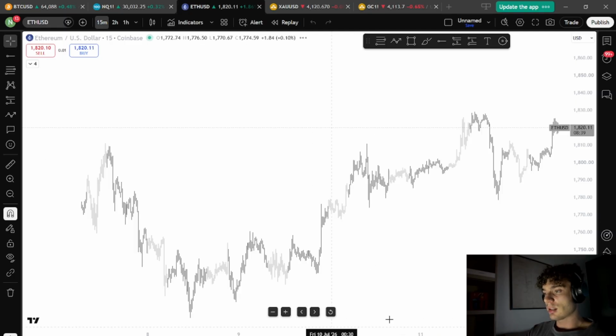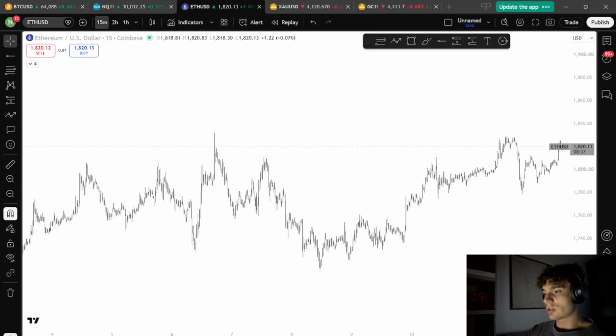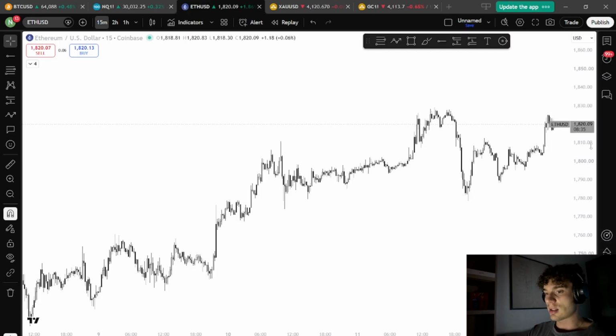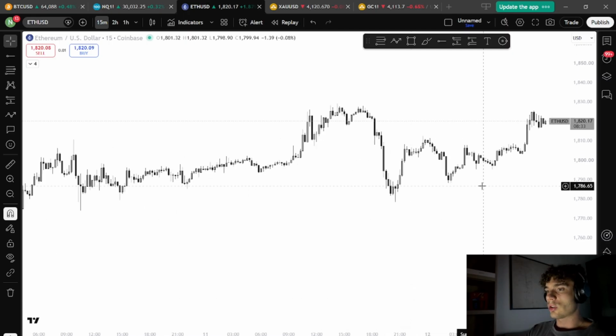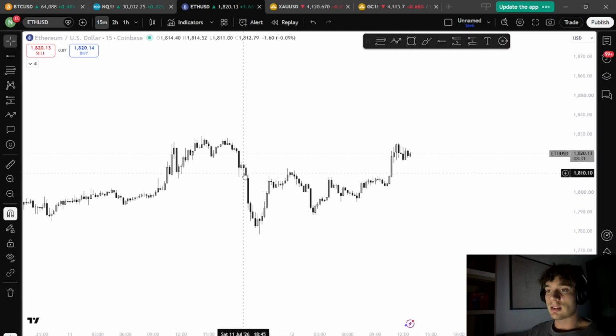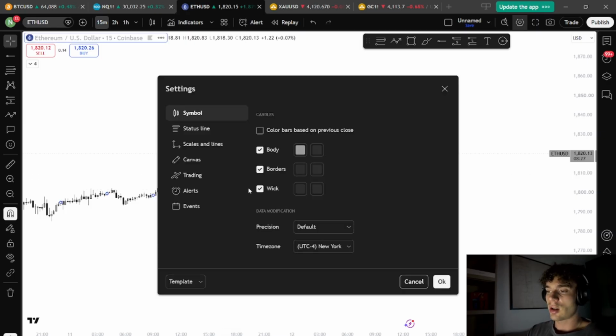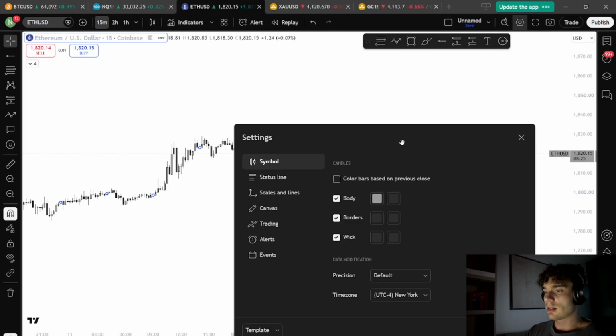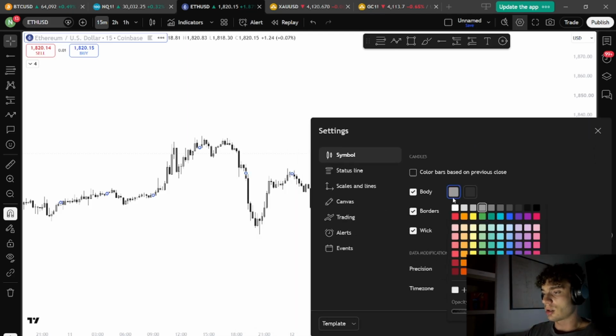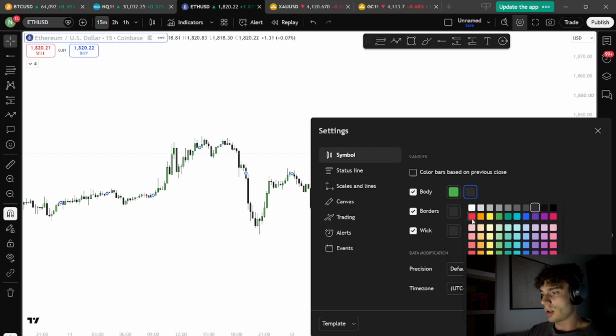Basically I think that's it. You can obviously go and practice and see which other options there are. I think you don't need anything else than what I told you now. You can change the colors of the candles. For example, mine are like this. You can put them green and red if you want to.